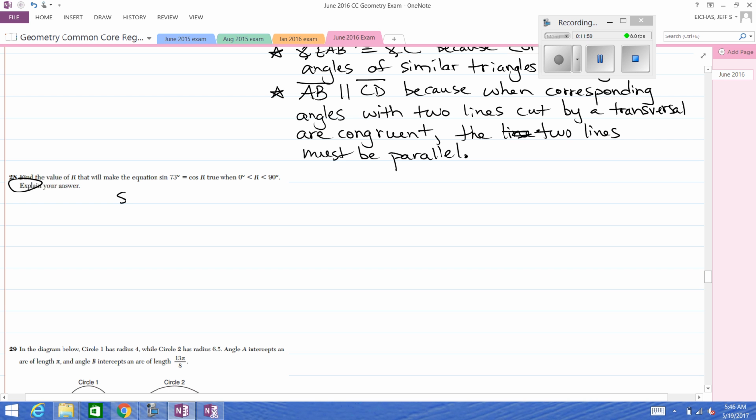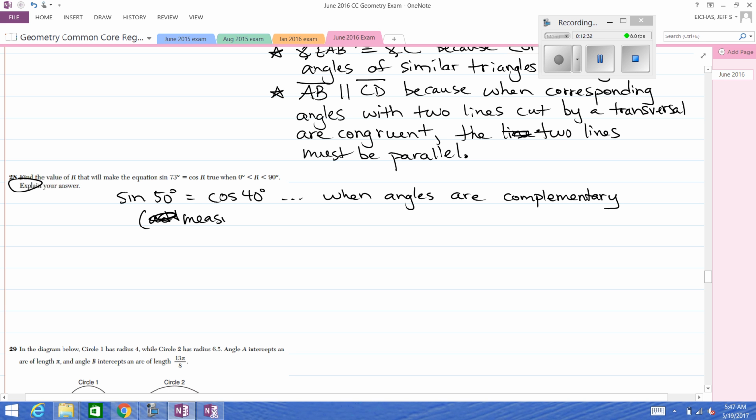We teach our students this using probably kind of a pattern investigation type of thing. All right, we have them check out what sine of 50 is close to, and cosine of 40. They notice it's the same. We develop this pattern, and then what they discover is that when angles are complementary, that means when we're in degree mode, measures add to 90 degrees.